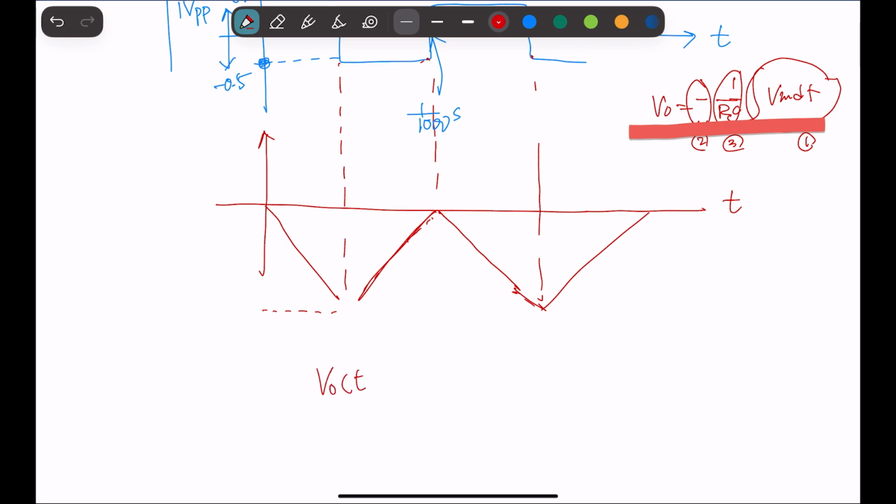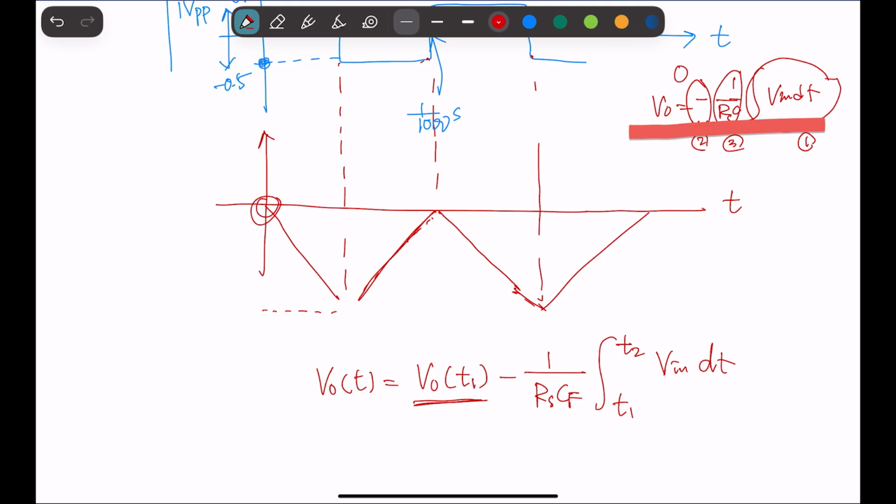V out of time t is going to be v out of time 1 minus 1 over RS CF integral time 1 to time 2 of Vn dt. Okay, and here we just naturally assume, especially for the very first point, we just assume it as 0. But when you integrate for this time period, if you consider this as t1 and this as t2, you're starting from this point, which is here.